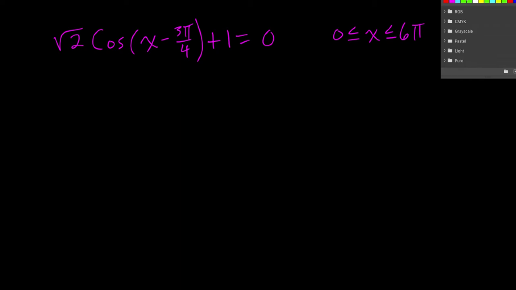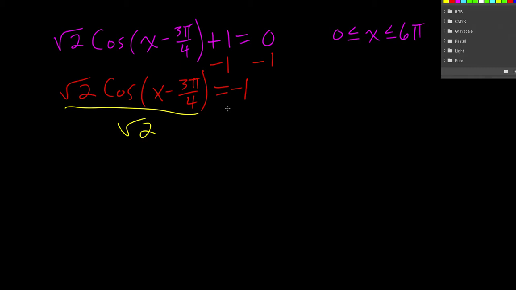Okay, so we want to solve for the trig function first. So we're going to subtract 1. Square root of 2 cosine of x minus 3 pi over 4 equals negative 1. Divide everything by root 2.